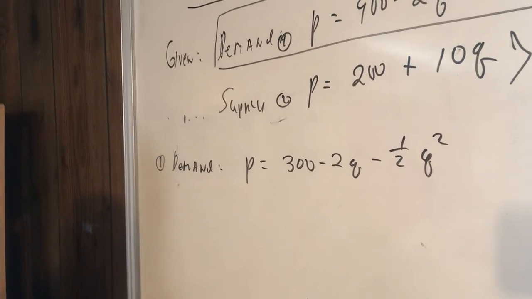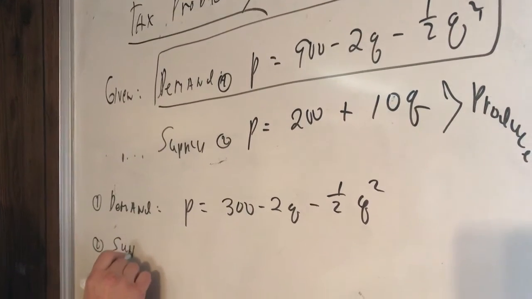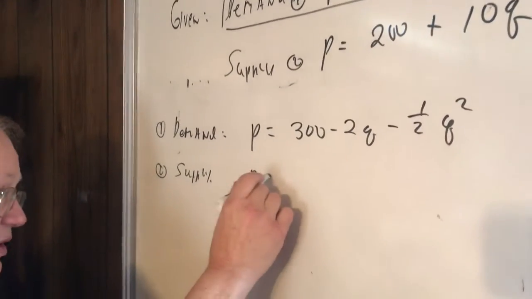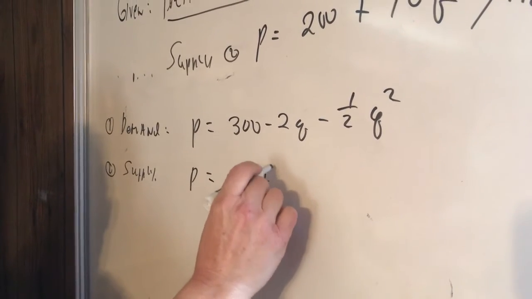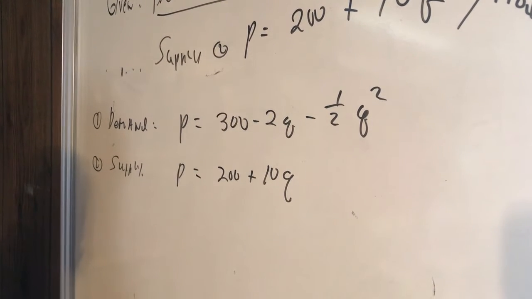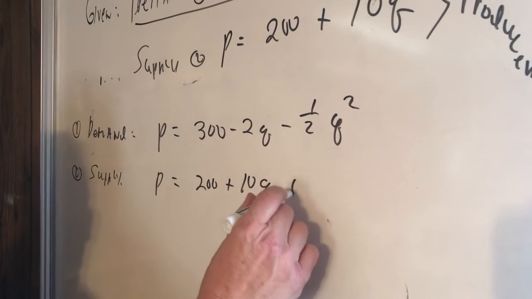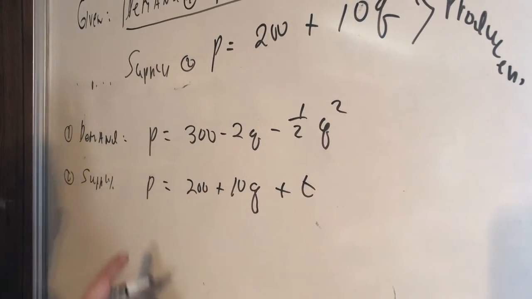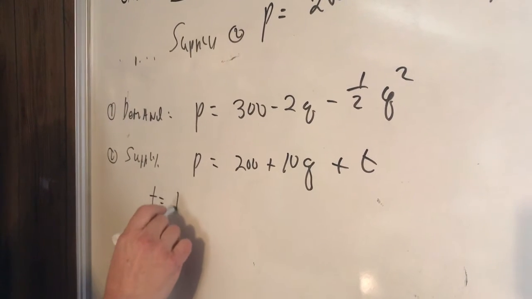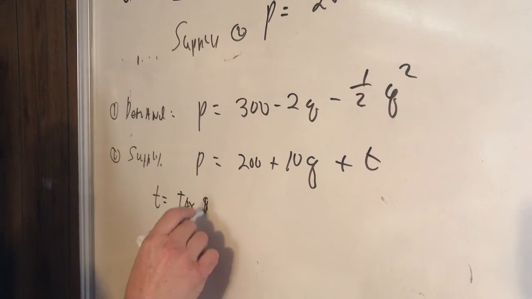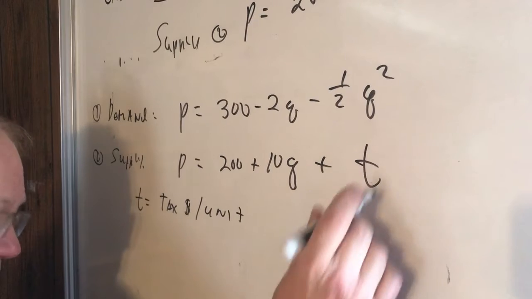But we are going to change our supply equation. P is now going to equal 200 plus 10Q, and we're going to add on a T. That's a price per unit. T is going to be a tax in dollars per unit sold.